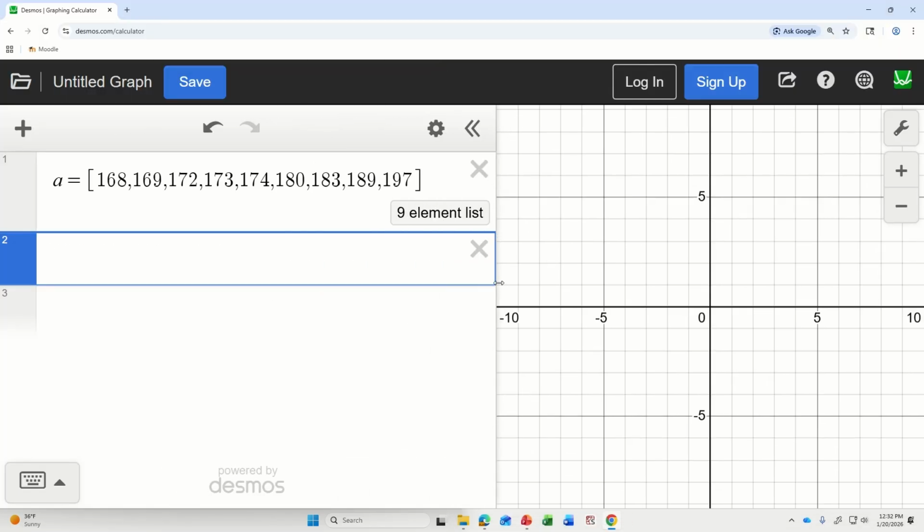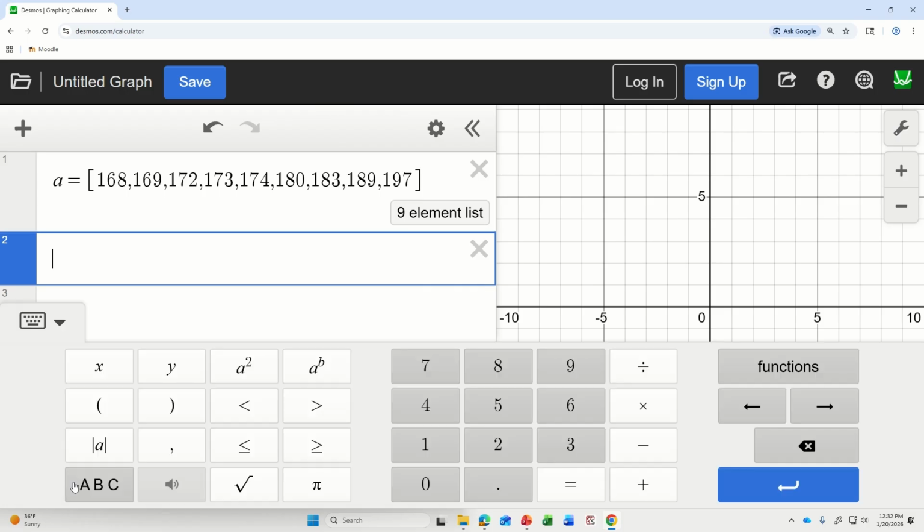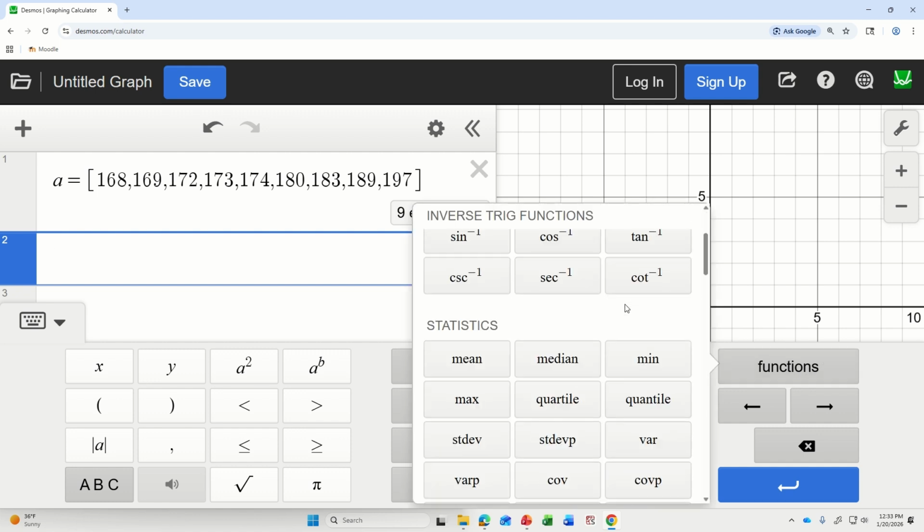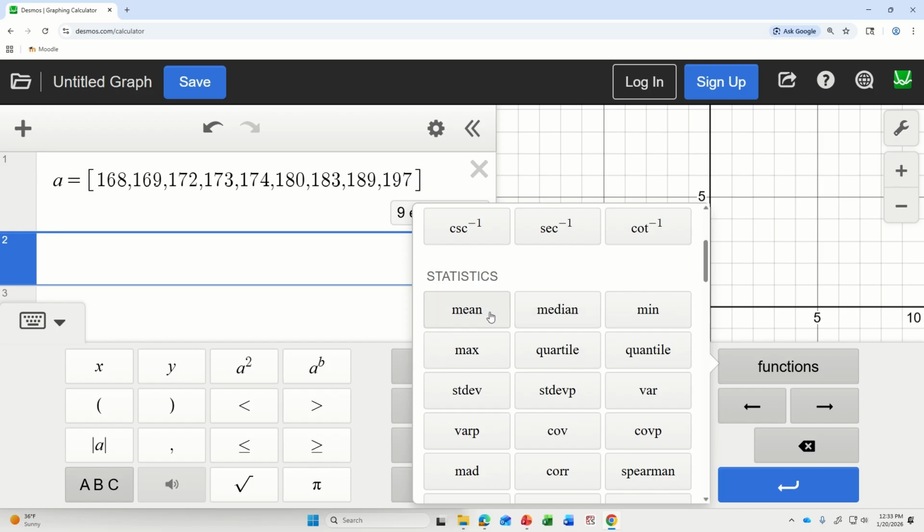sample mean? I could go to the button here, and on your Desmos Test Mode app, I think it just says FUNC. So you click func for functions and scroll down to statistics, and we're going to select mean. And it turns out there's even a median button if you really need help finding the median.